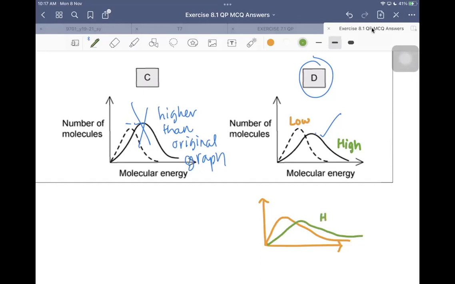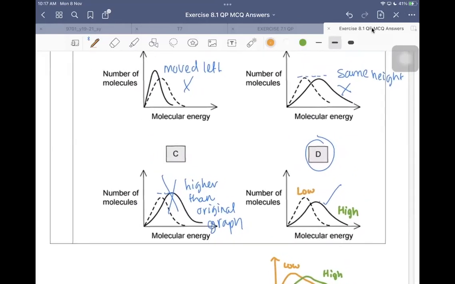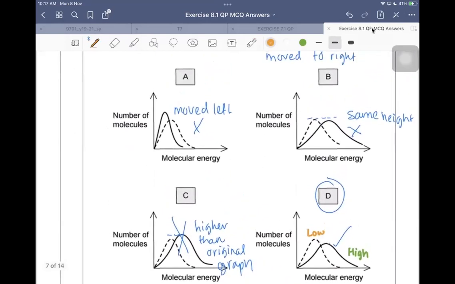Okay, so if you look at all these options, option D is the most accurate. A, don't get confused. Your dotted line is the low temperature. Your solid line is the high temperature. So A is wrong.